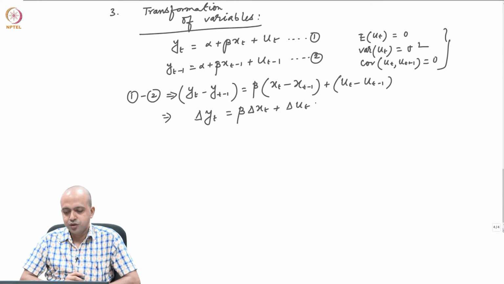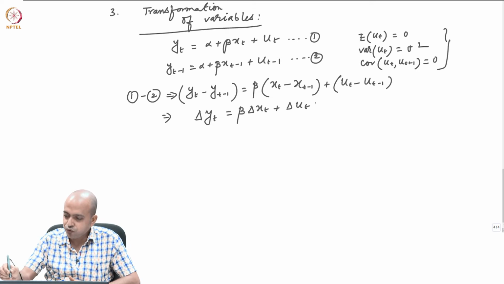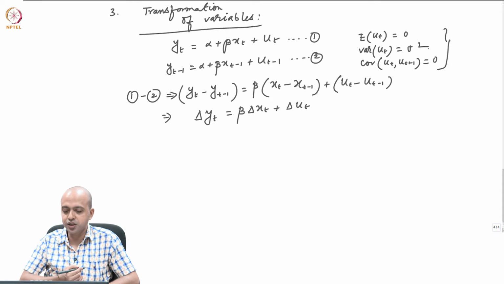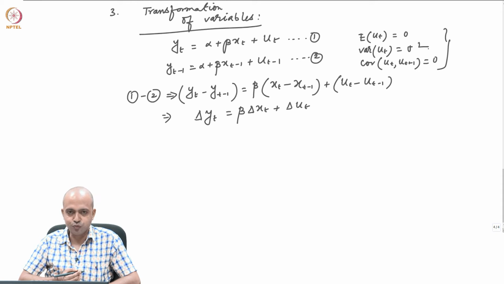Okay, delta u t. Now, it can be proved that when u t follows the assumptions of the classical model, then delta u t will not follow those assumptions.